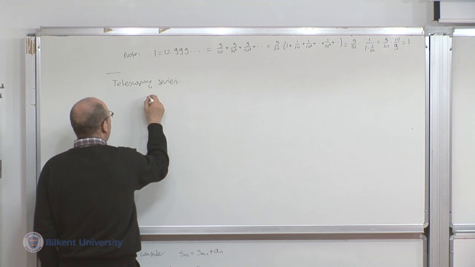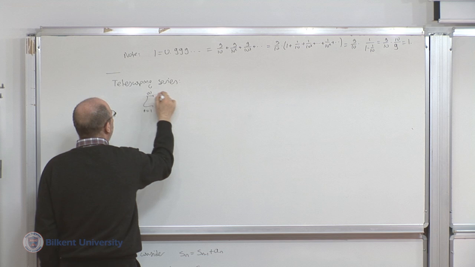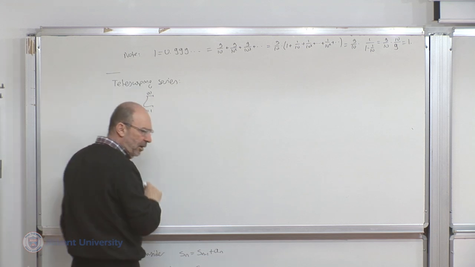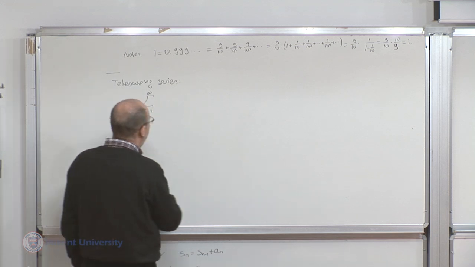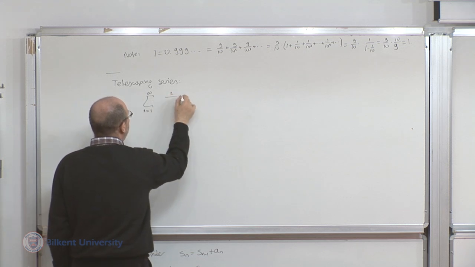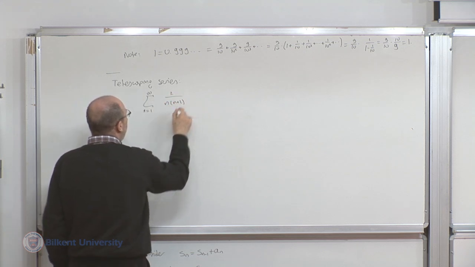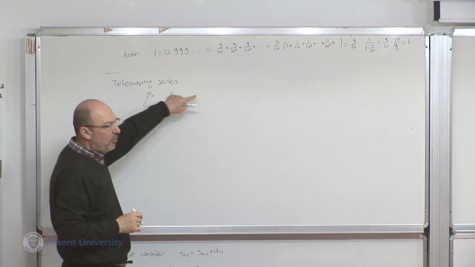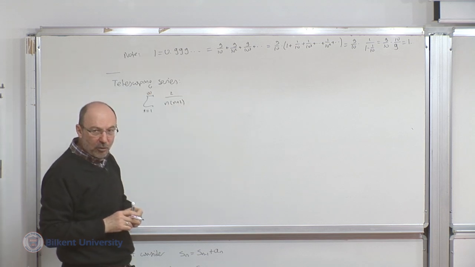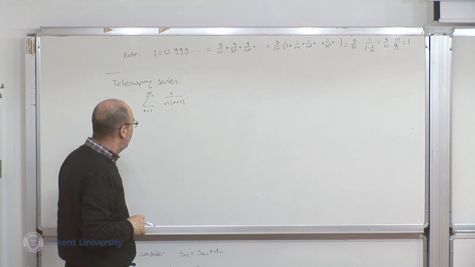So here it is. Let's do one example: summation n equals 1 to infinity. The book uses n times n plus 1. I'll use n times n plus 2. I'm putting this 2 here because in a minute I'll have 1 over 2s, and I don't want to carry 1 over 2s around.